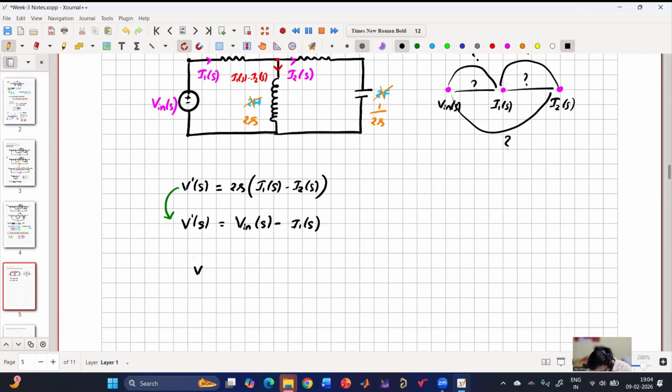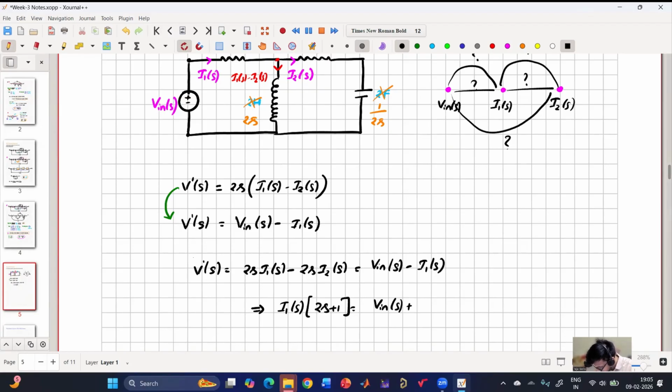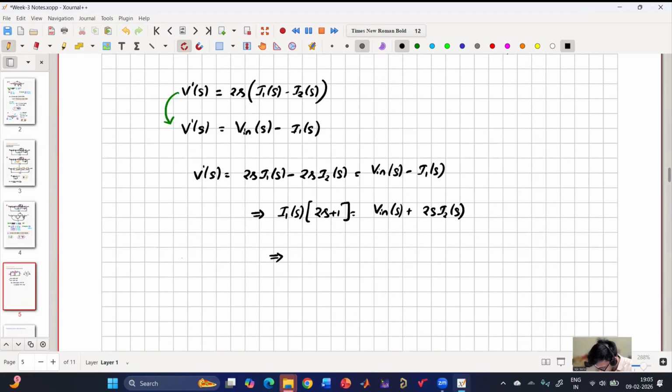So I will get V dash of S, which is 2S into I1 of S minus 2S into I2 of S, equals V in of S minus I1 of S. Now if I bring I1 of S to one side, I'll have I1 of S into (2S plus 1) equals V in of S plus 2S into I2 of S. Bringing everything to the right side except I1 of S, I1 of S equals 1 by (2S plus 1) into V in of S plus 2S by (2S plus 1) into I2 of S. Is this clear? This is my equation 1.